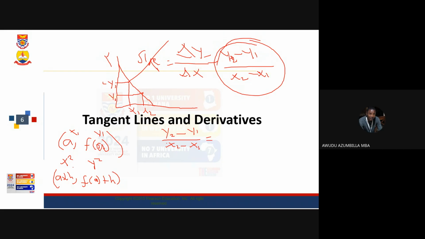So here, where is our y2? Our y2 is f of a plus h, minus y1. My y1 is f of a.